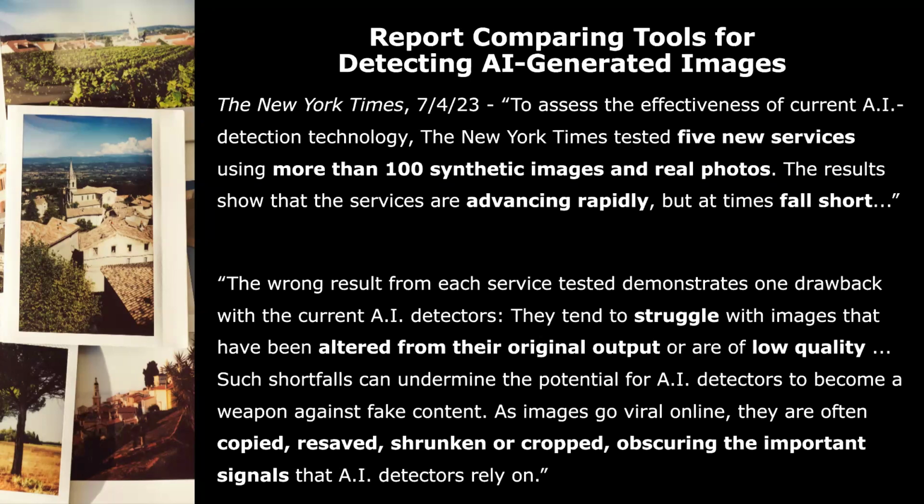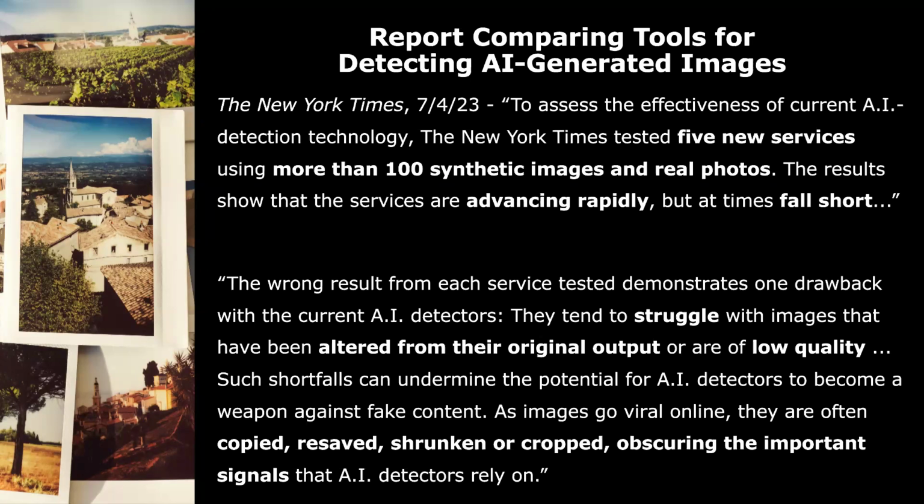The article added that, quote, the wrong result from each service tested demonstrates one drawback with the current AI detectors. They tend to struggle with images that have been altered from their original output or are of low quality. Such shortfalls can undermine the potential for AI detectors to become a weapon against fake content.